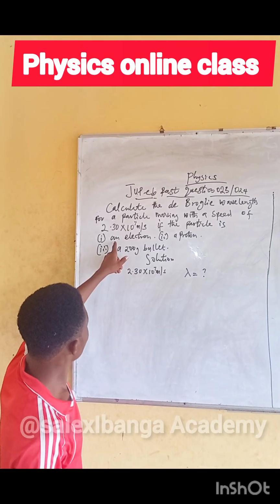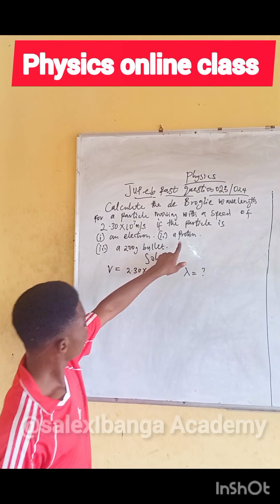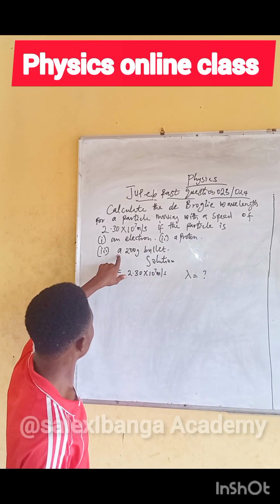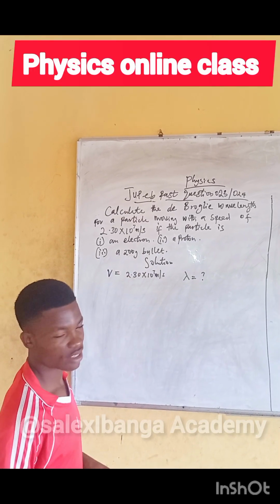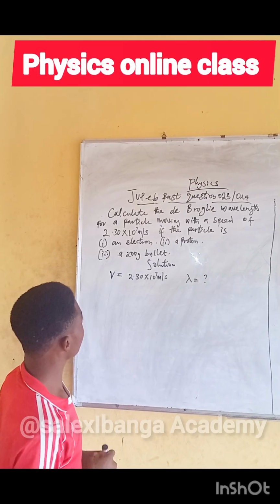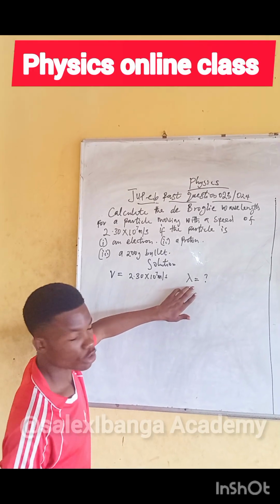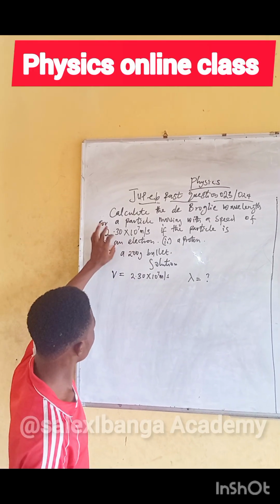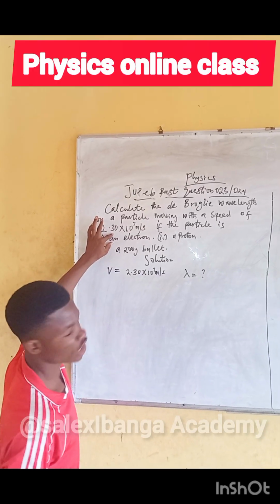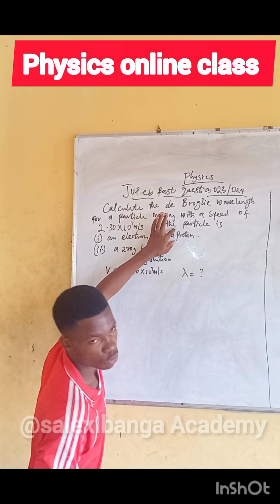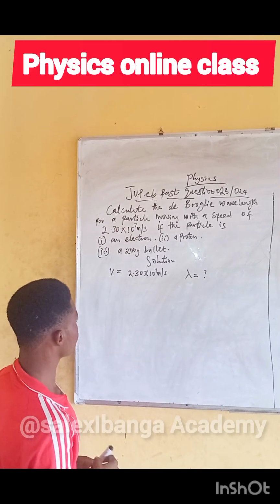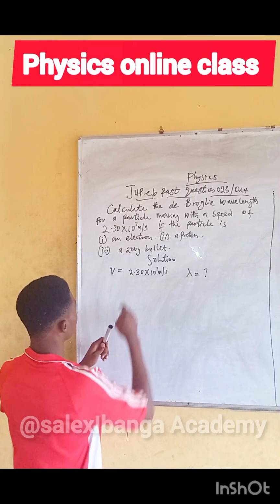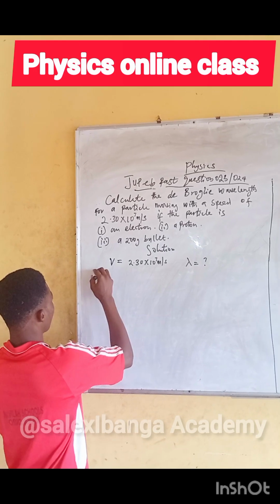So when the particle is an electron, a proton, and also a mass, a 200 grams bullet. So now this question is telling us that we should calculate the de Broglie wavelength in each of these. That means we calculate when it is an electron, when it is a proton, also when it has this mass. So now let's solve for this.